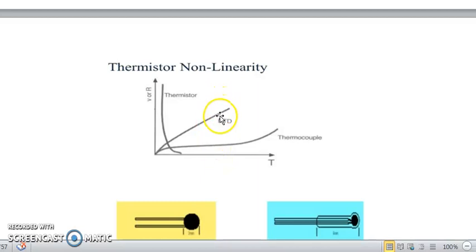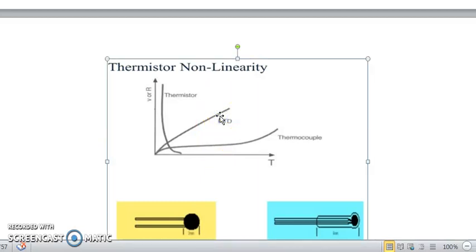This is the RTD, resistance temperature detector. Here we see that the RTD has a linear rising graph with respect to rising temperature. And this third one is for the thermocouple. A thermocouple also has a rising graph, but it is somewhat flat.